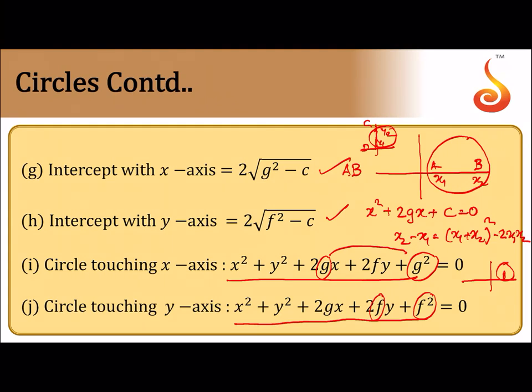Simple. Whenever it touches the x-axis, the y-coordinate must be equal to the radius. So r is equal to modulus of minus f in the case of touching the x-axis. Touching the y-axis, r equal to modulus of minus g.